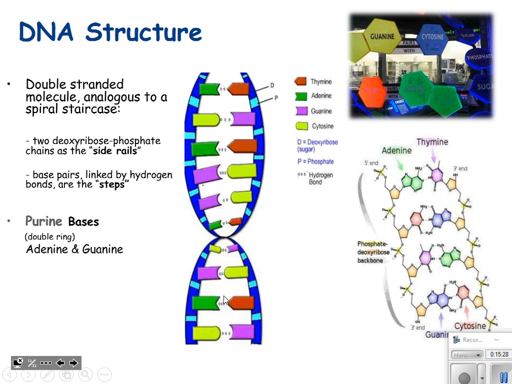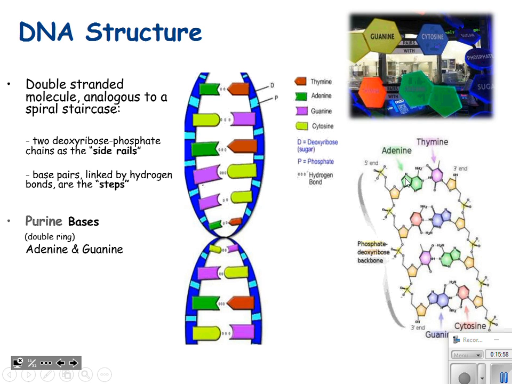Purine bases have double rings, and the purines are adenine and guanine. If you look at these bases, which one of those two is the purine? It's the one that has two rings.